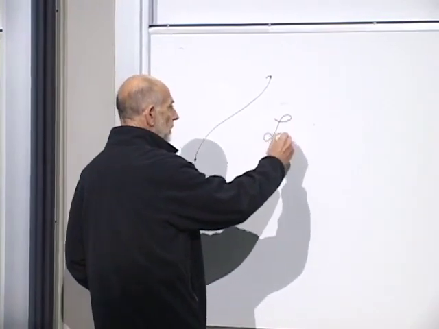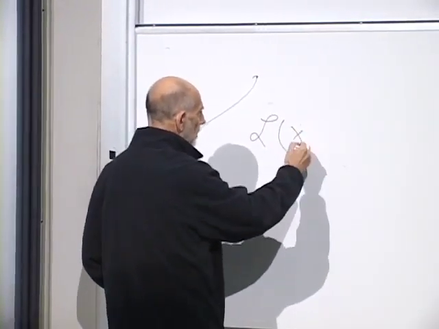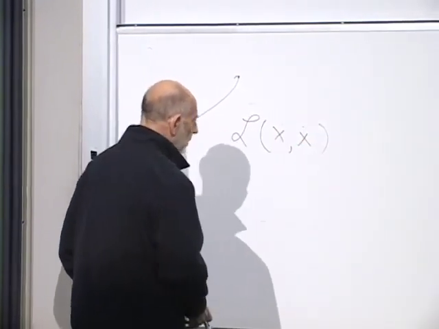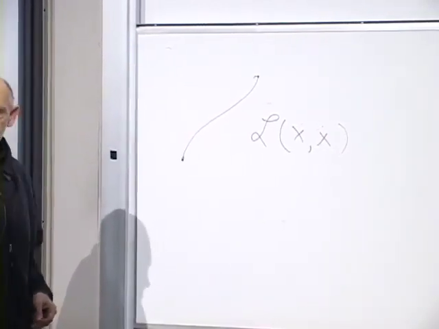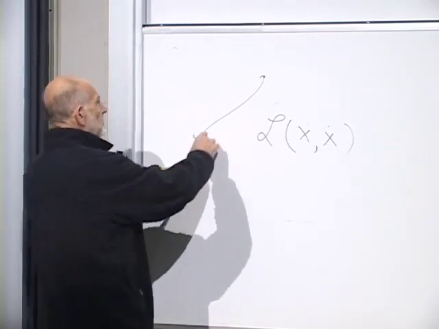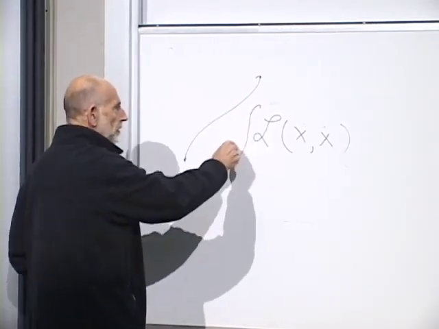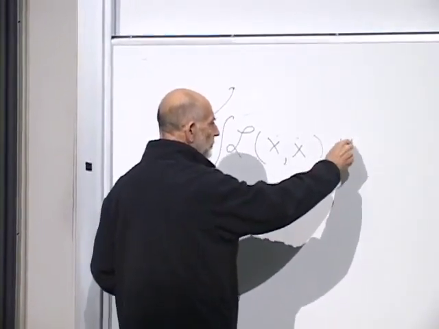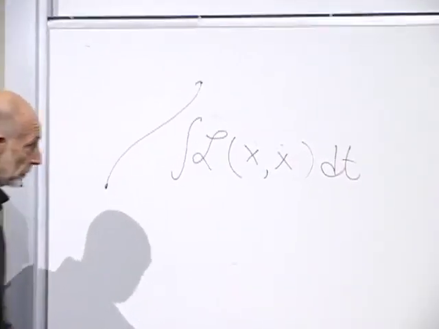The Lagrangian is a function of the coordinates of the particle and the time derivatives of the coordinates, and from the Lagrangian, whatever the Lagrangian is, one constructs the action. And the action is an integral along the trajectory of the particle of the Lagrangian.